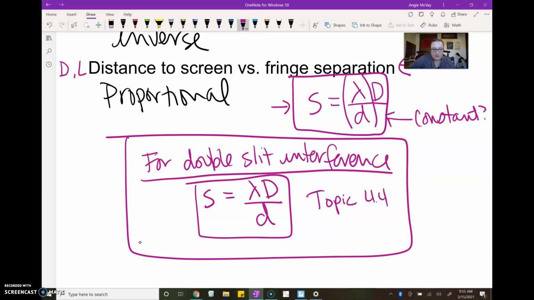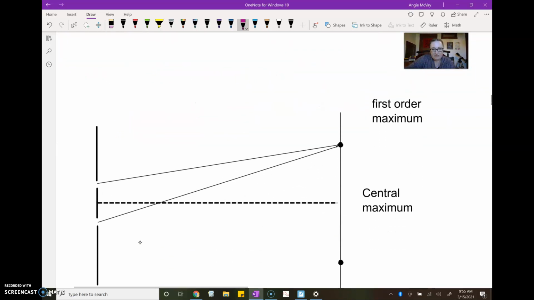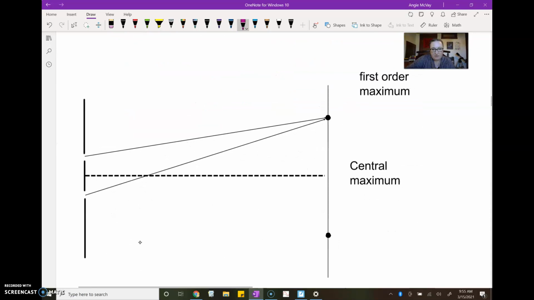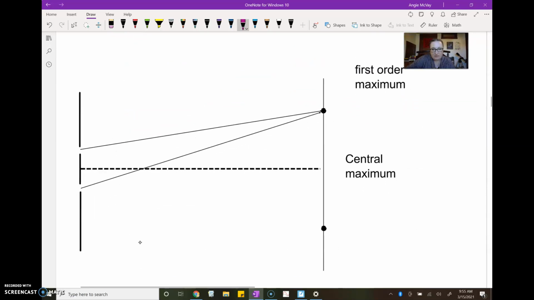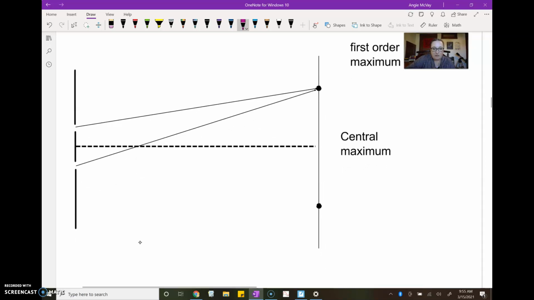So that was a pretty decent derivation, I mean, doing that experimentally. We could do this derivation using some trig here if we wanted to.